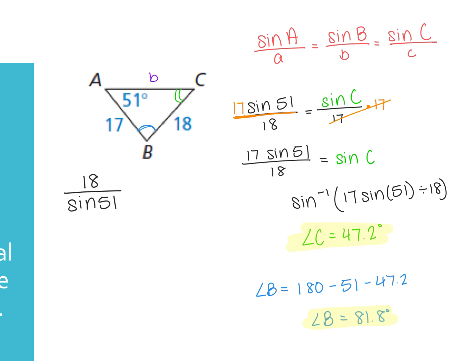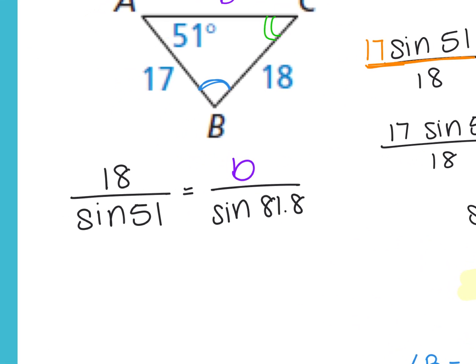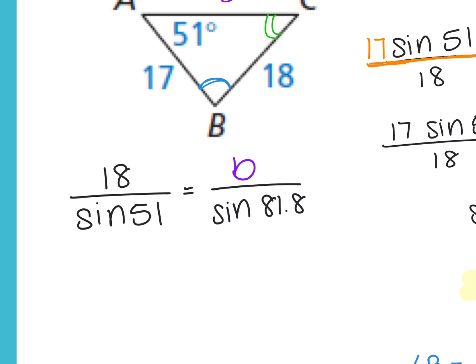So I'm going to have 18 over sine 51 equals side B over angle B, which we solved for, which is sine 81.8. Now, how do I get my B by itself? Good. I'm going to multiply by sine 81.8. So multiplying both sides by sine 81.8.